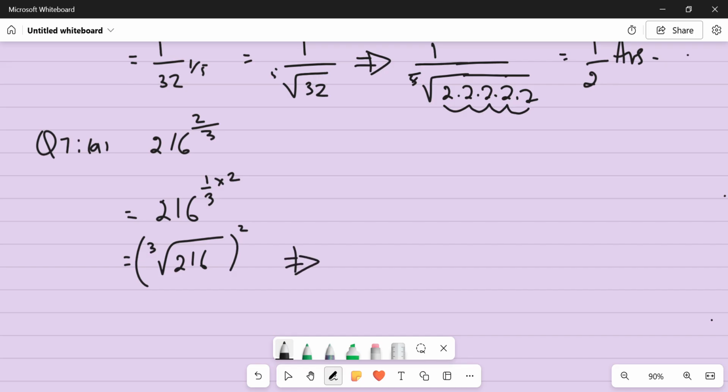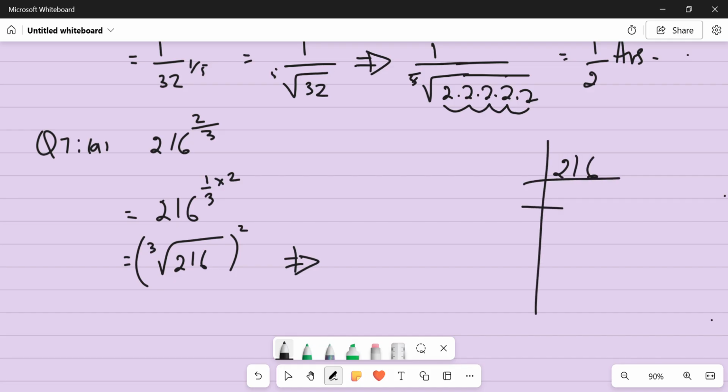Now you need a number that, when multiplied thrice, gives 216. It's 6 into 6 into 6. 6 is actually not a prime factor, but when we multiply 6 three times, we will get 216. If you're having a problem doing this directly, you can find it with the help of the LCM method.